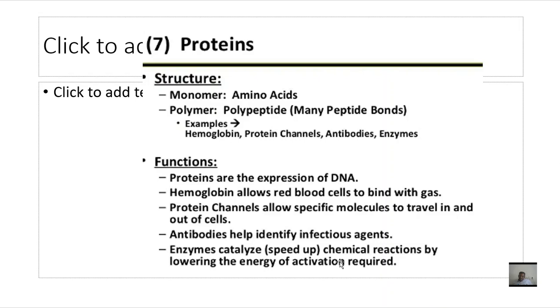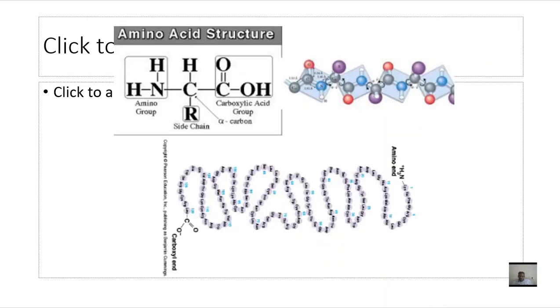If any infectious agent is present, the antibodies help to identify it. Enzymes catalyze, that is, speed up chemical reactions by lowering the activation energy required. So these are the structure and functions of proteins.